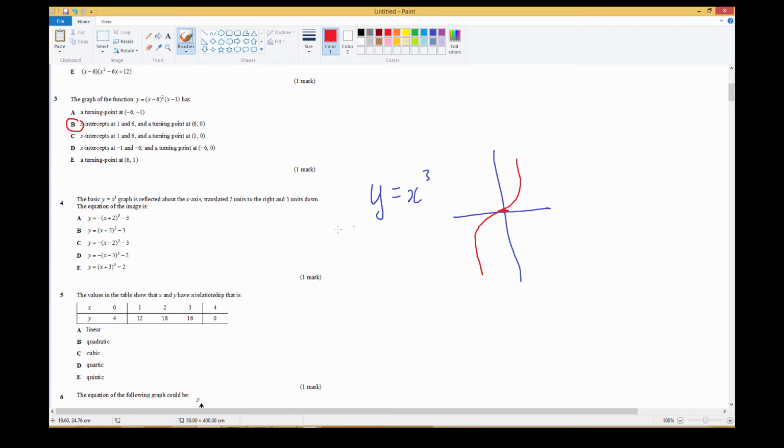But anyway, if it is reflected on the x-axis, then you'd have to have a negative sign in front of the equation. So what happens is the x-axis, this axis here, becomes like a mirror. If you're seeing a mirror of that, then it'd go like that, wouldn't it?